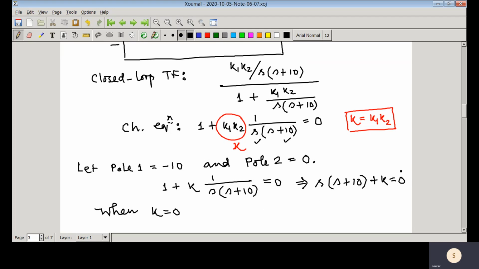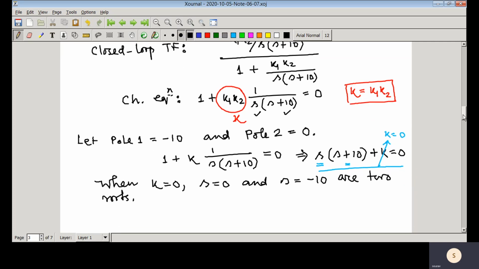Now when k equal to 0, you can see that s equal to 0 and s equal to minus 10 would satisfy this particular equation. So that means when k equal to 0, s equal to 0 and s equal to minus 10 are two roots of the characteristic equation.